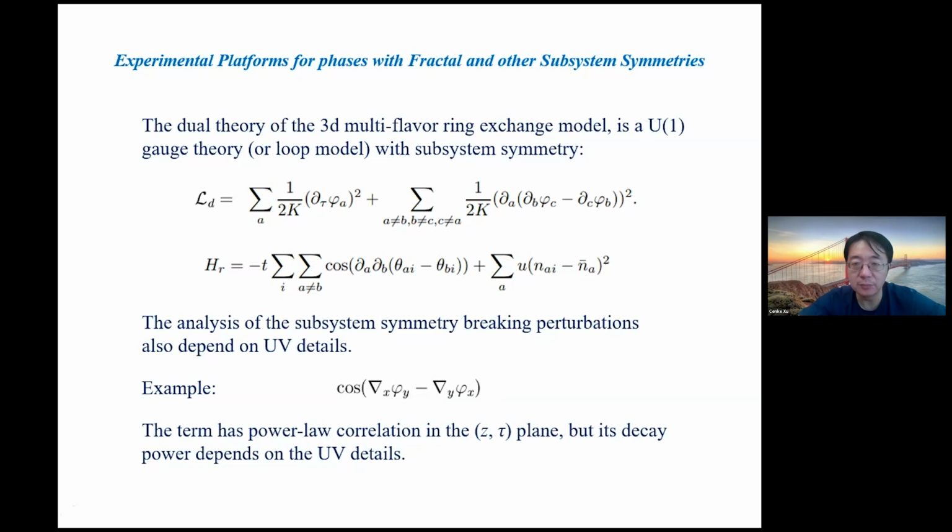I see. So in principle, the terms which break the subsystem symmetry will be there. It's just that in these setups, these terms may not be so important in terms of pure magnitude, but we still need to analyze whether they're relevant or not. If that turns out to be relevant and the magnitude is small, then the subsystem symmetry physics can still be observed up to a certain length scale, although maybe not exactly in the infrared limit.